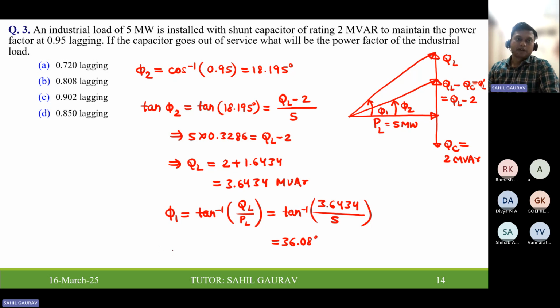And you have to find the power factor. Cos phi 1 is cos of 36.08 degrees, which comes out as 0.808 lagging.